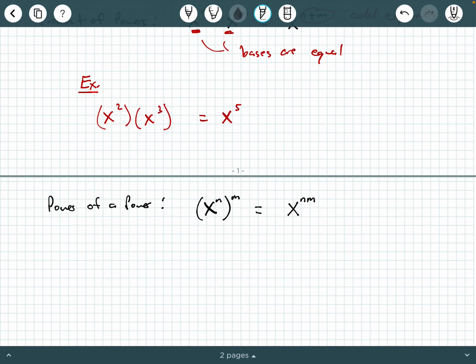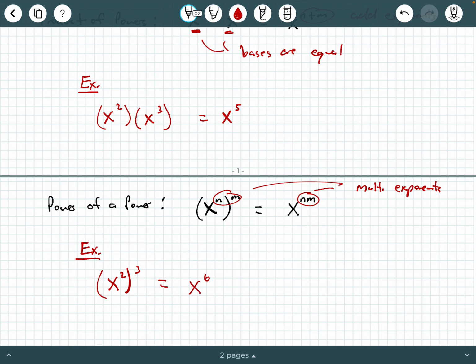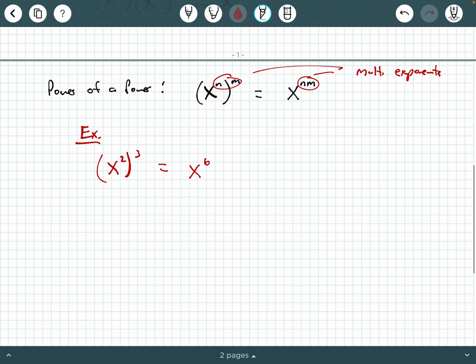So what you do is you multiply the exponents. So an example of this would be like x squared cubed. This is equal to x to the 6th power. Notice it's different than our previous example. Okay, this is a different property. All right, so that's power of a power.